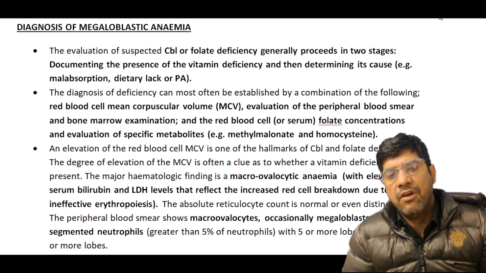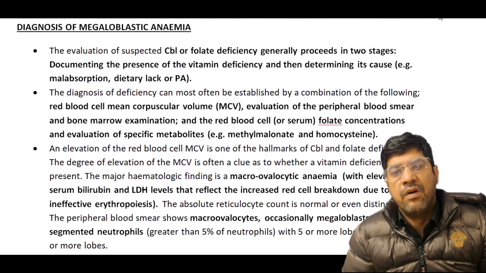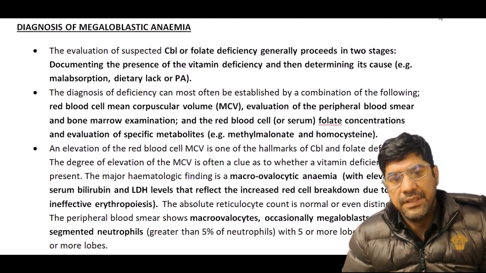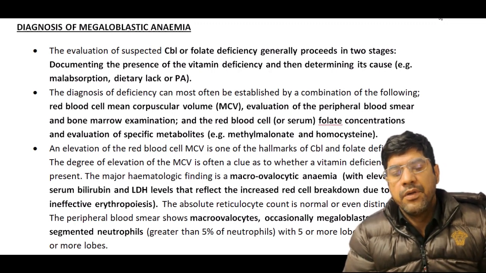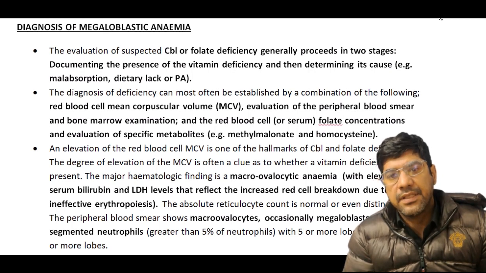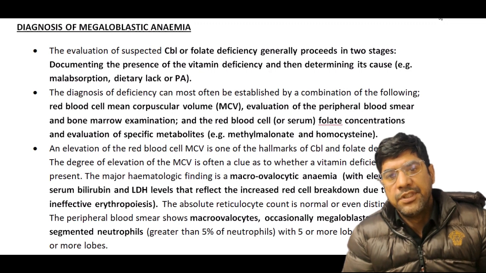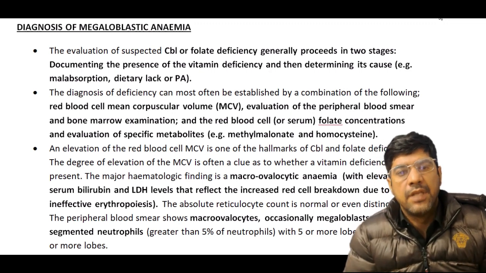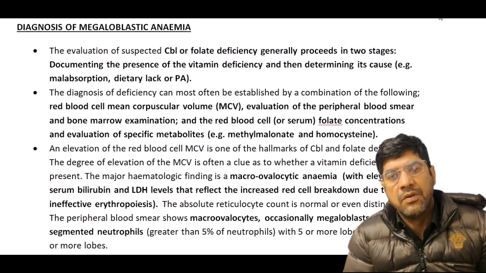So elevated levels of methylmalonic acid and homocysteine are potentially indicative of cobalamin deficiency. Another test that you can use is the anti-intrinsic factor antibodies or the Schilling test. The Schilling test is less commonly utilized nowadays due to alternative diagnostic methods.